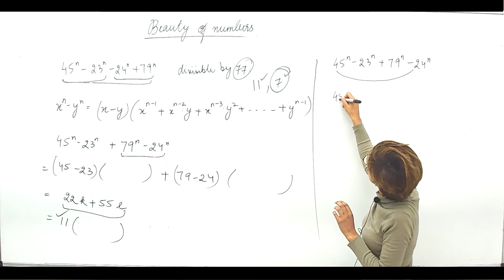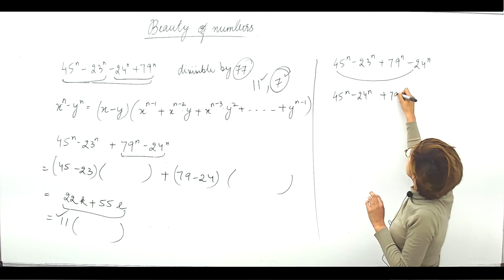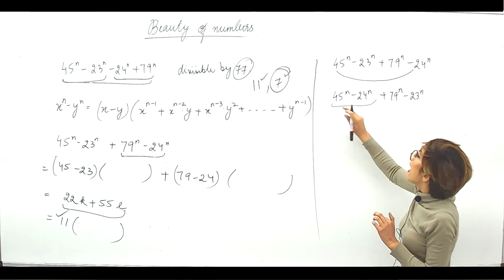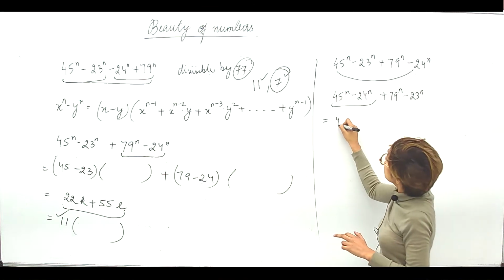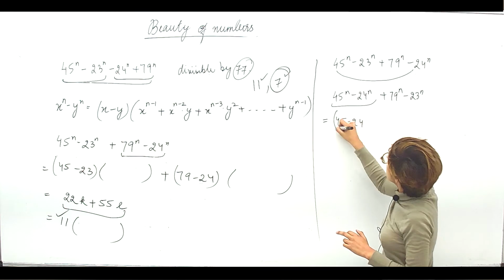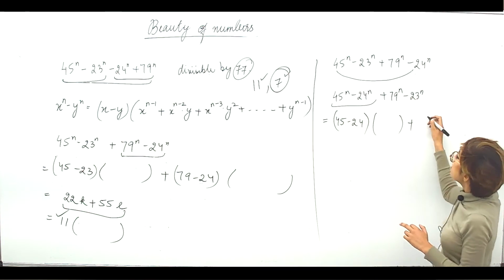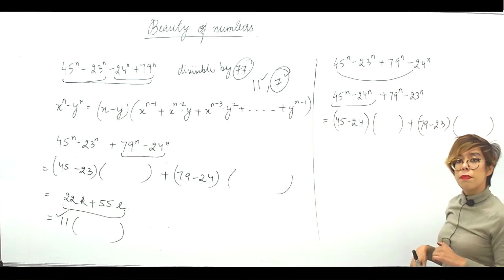So 45 raised by n minus 24 raised by n plus 79 raised by n minus 23 raised by n. Right? Again, x raised by n minus y raised by n. So x minus y. So 45 minus 24 into some integer plus x raised by n minus y raised by n. So factors x minus y into some integer. Right?